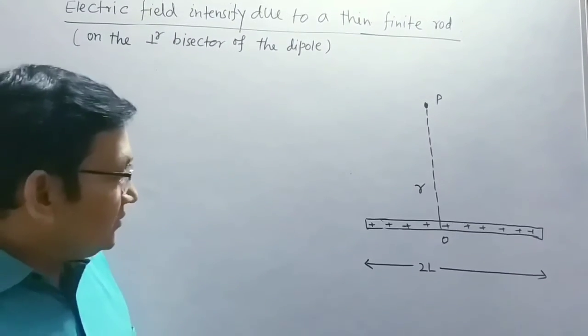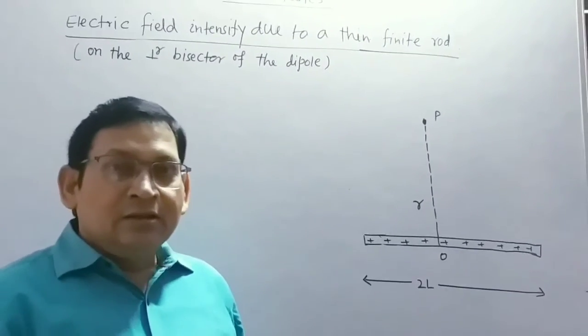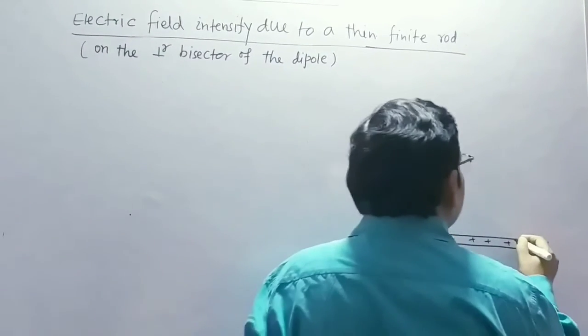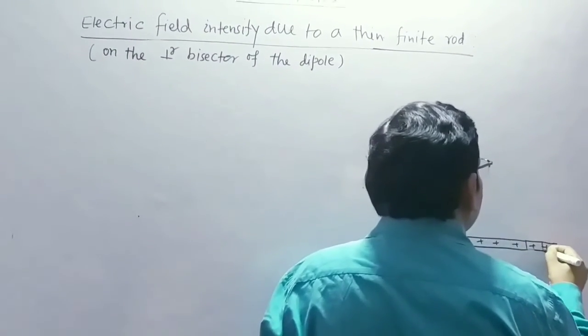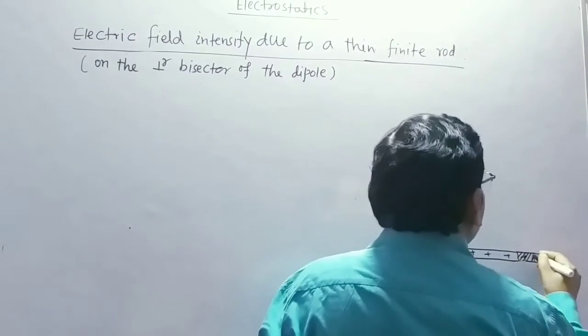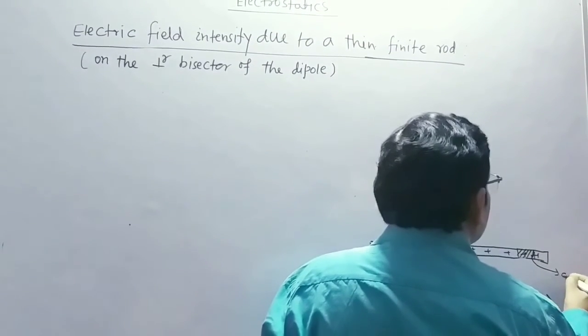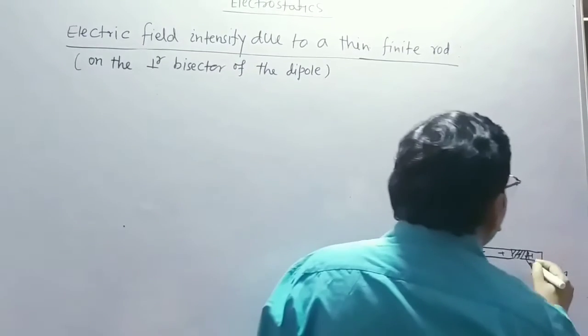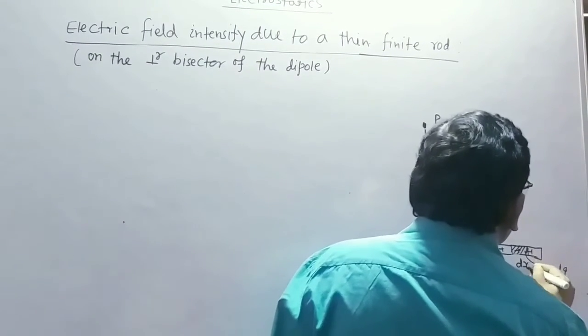And in linear charge distribution, the technique is that you take a small element dq. So we are taking the small element dq here. This small element contains charge dq, and its length is dx.